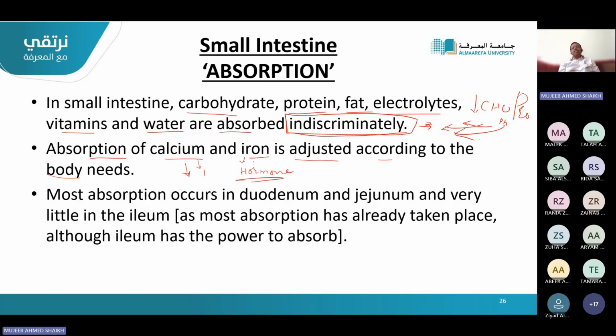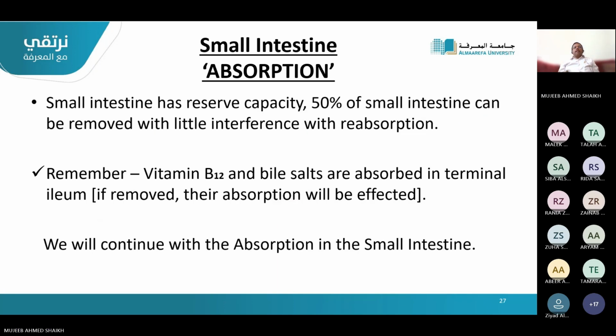Most of the absorption occurs in the early part of the small intestine. The small intestine length is very big. So in the early part, the duodenum and jejunum, most of the absorption will be finished. Whereas in the ileum, only a little, some special things will be absorbed. So they say the small intestine has a reserve capacity.